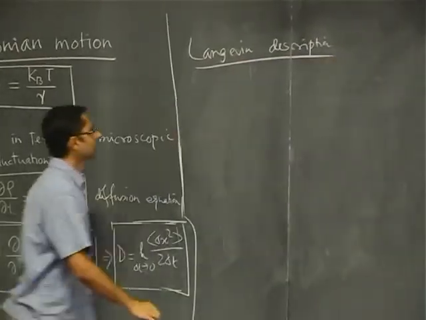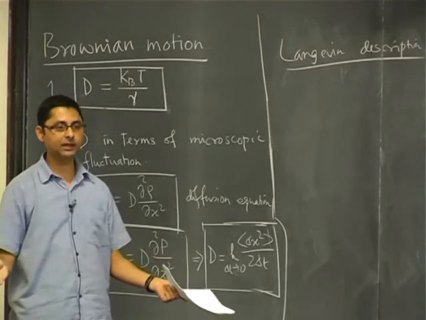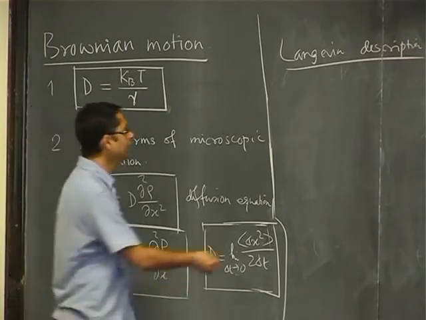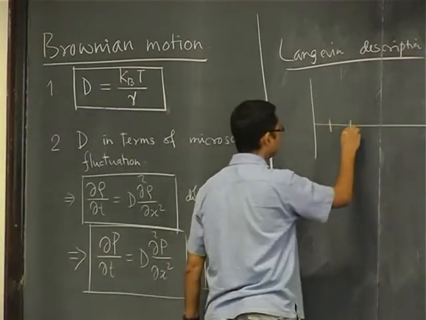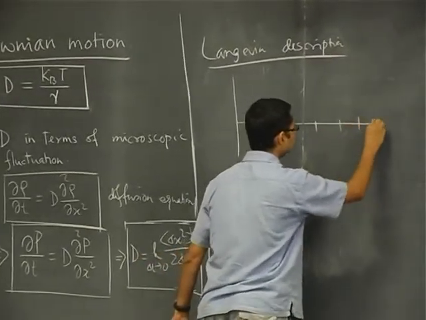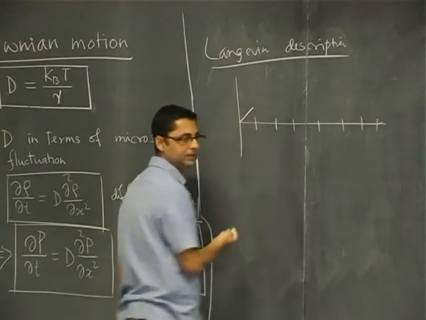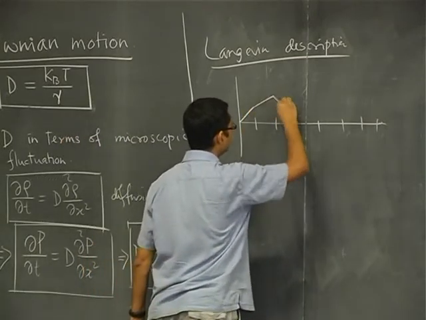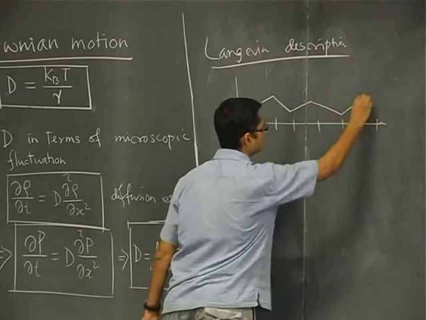Okay. So these delta x's are independent. Sometimes it goes to the left or sometimes it goes to the right. So if you look at the trajectory of a particle in delta t, somehow it will go like this, somehow it might go like this, sometimes like this, and so on.